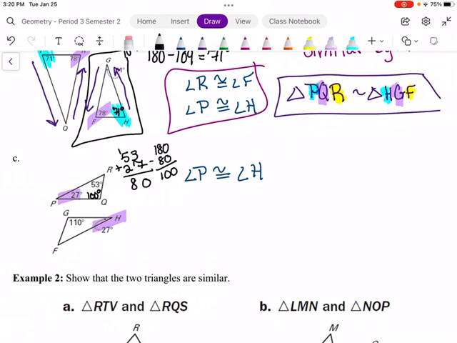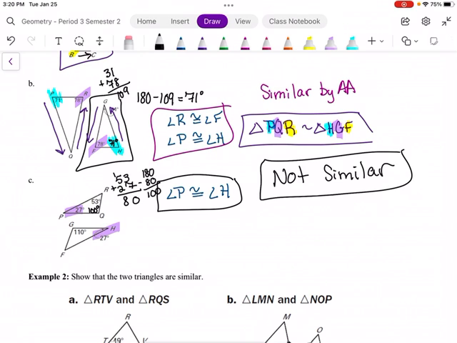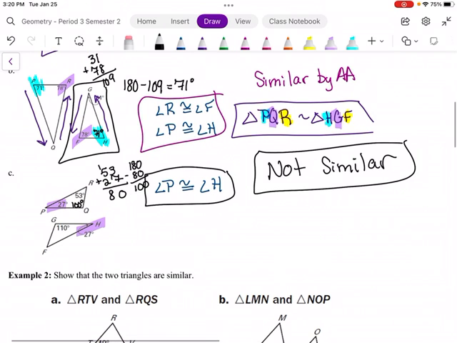So you'll notice that angle does not match up with the other angle in our second triangle. So we do not have similar triangles because we only have one pair of congruent angles instead of two. So this one you would just write not similar. And sometimes you'll notice on a quiz or a test, you will have to decide whether it's similar or not, and it'll still have a place for your similarity statement.